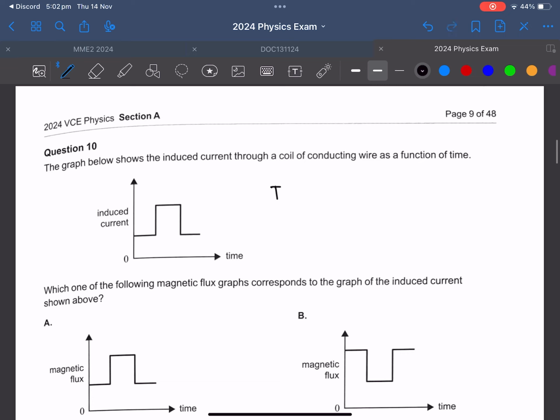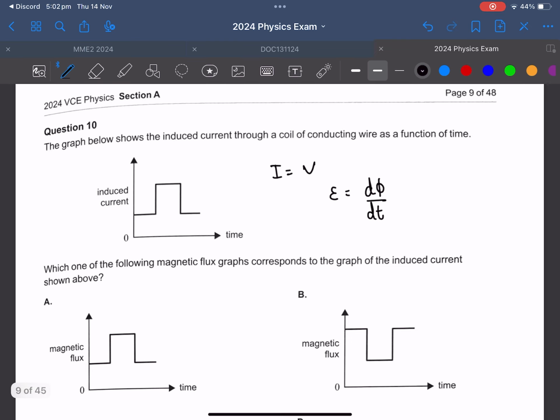So I is equal to V on R. Now I think R is going to be the same here, so I'm just going to remove that. Then E is basically equal to the change in flux on time, so if we want the equation of flux, we'll have to integrate this.